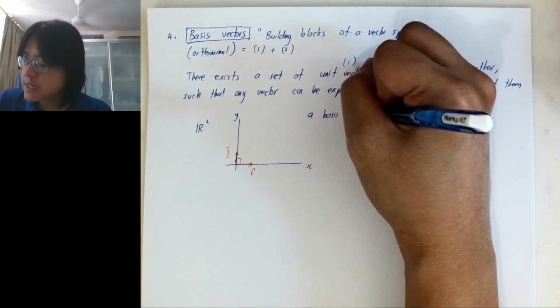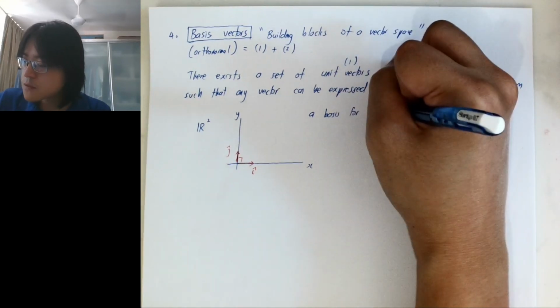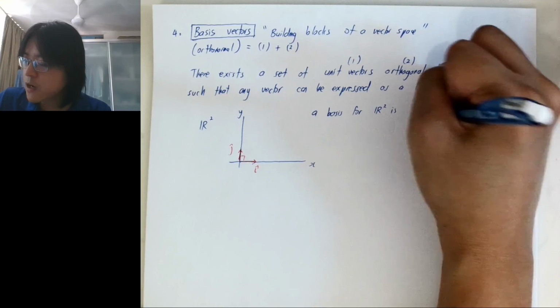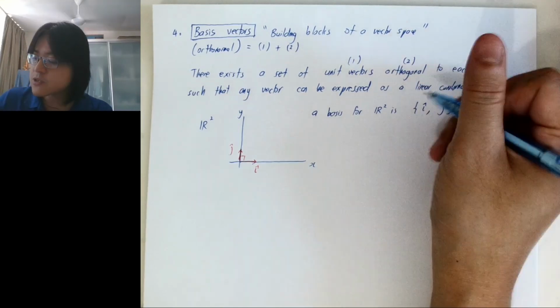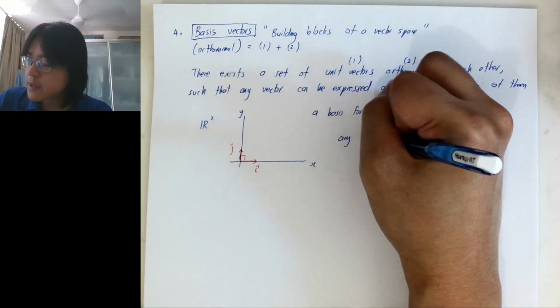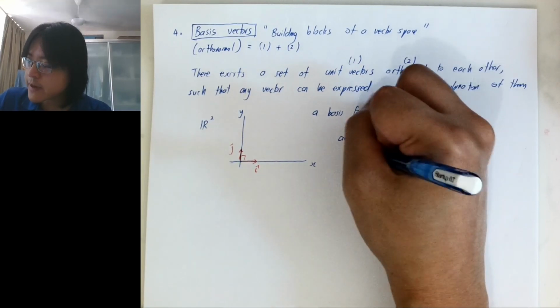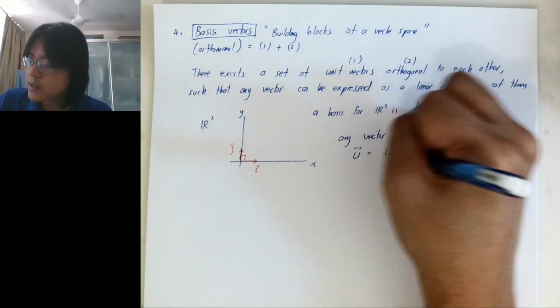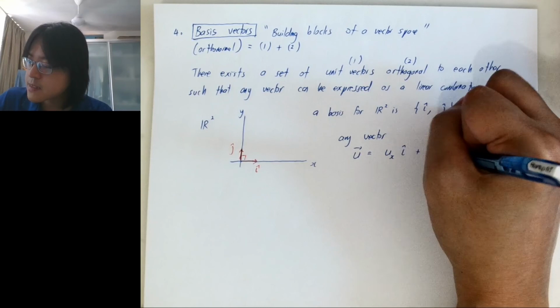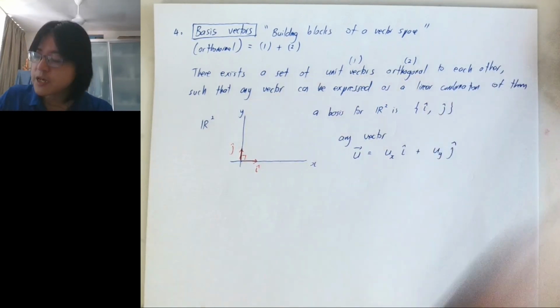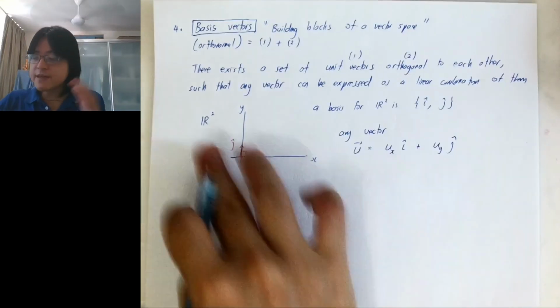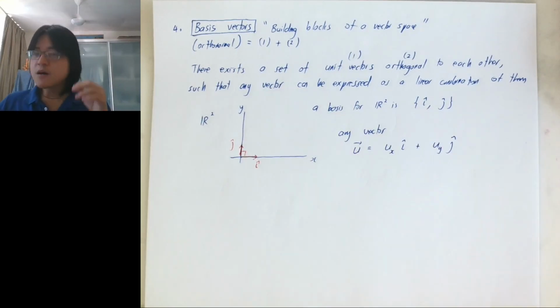A basis for R2 is what we have been calling i and j. So any vector u can be written as some number times i plus some number times j. Any vector at all can be expressed as a combination of the vectors i and j.